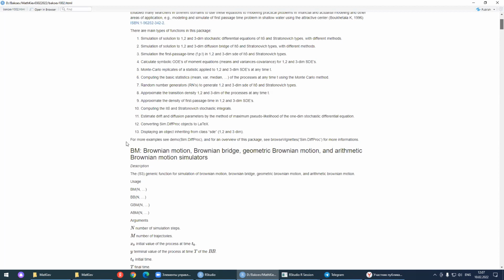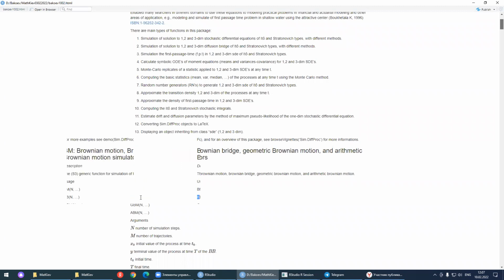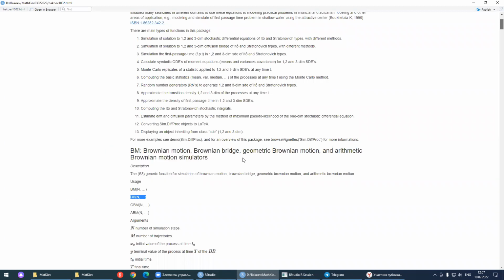You can find the function, for example, BM, which is a function for Brownian motion. BB is a simulator of the Brownian bridge. GBM is a generator for geometric Brownian motion. And ABM is the arithmetic Brownian motion simulator.